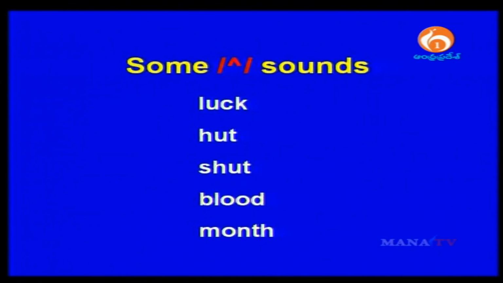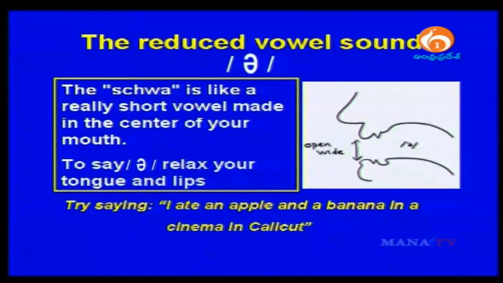Examples for the sound. Here we are, friends, now with a very, very interesting vowel sound. It's an inverted E, as you see it. It's known as a schwa. It's like really a short vowel which is made in the center of the mouth. You can look at the picture out there, which is showing you how your lips, the upper jaw and the lower jaw are positioned.